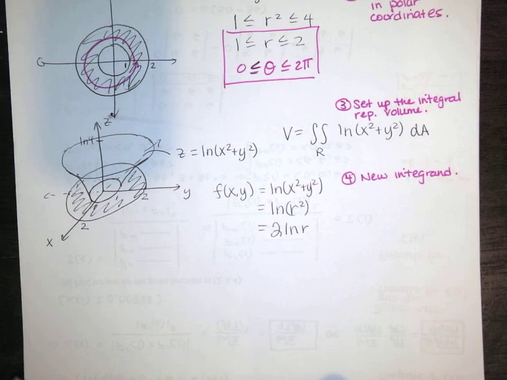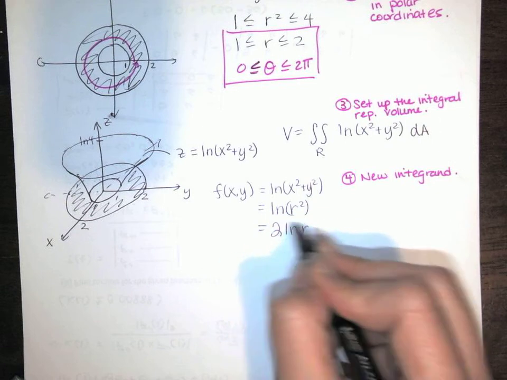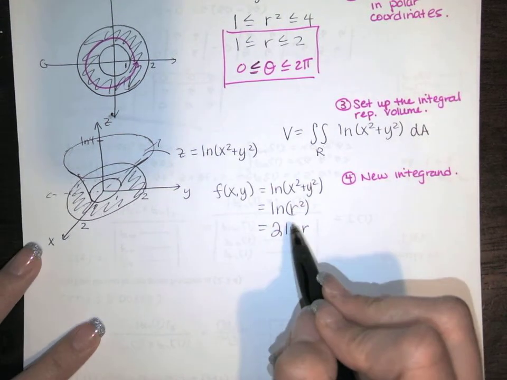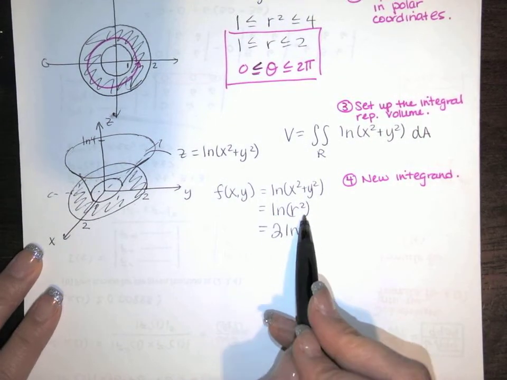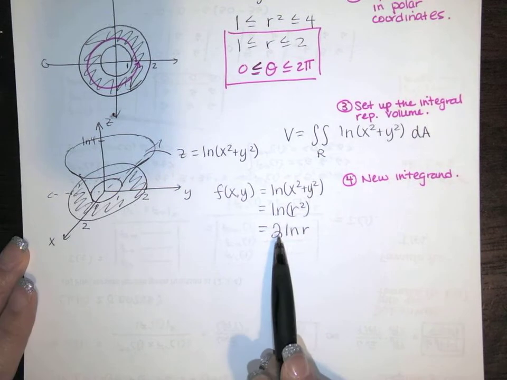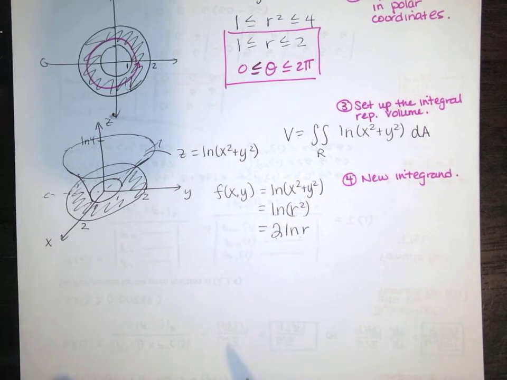So that's actually 2 natural log of r, which is nice. Maybe we want it that way; we'll see in a little bit. So we can either write the integrand as natural log of r squared, or we can write it as 2 natural log of r. Either way would work.